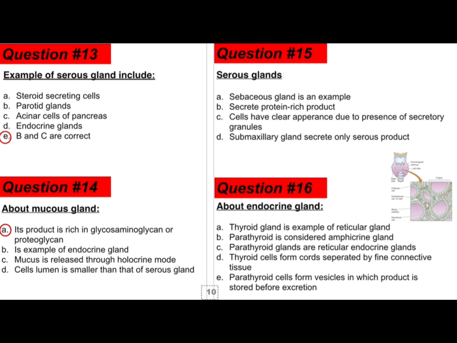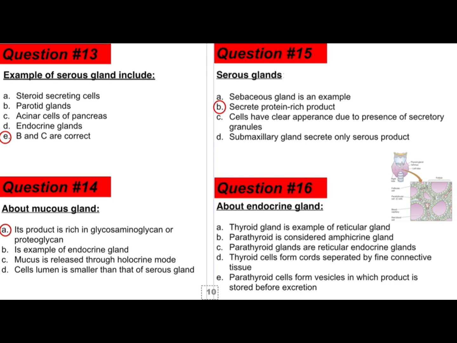Okay, question 15. We have serous gland. Option A, sebaceous gland is an example. Wrong, sebaceous gland secretes sebum, which is oily or lipid-rich product, not an enzyme or protein-rich product. That's why sebaceous gland is not serous gland. B, serous gland secretes protein-rich product. Correct. Serous glands, remember, secrete enzymes which are proteins. That's why option B is correct.